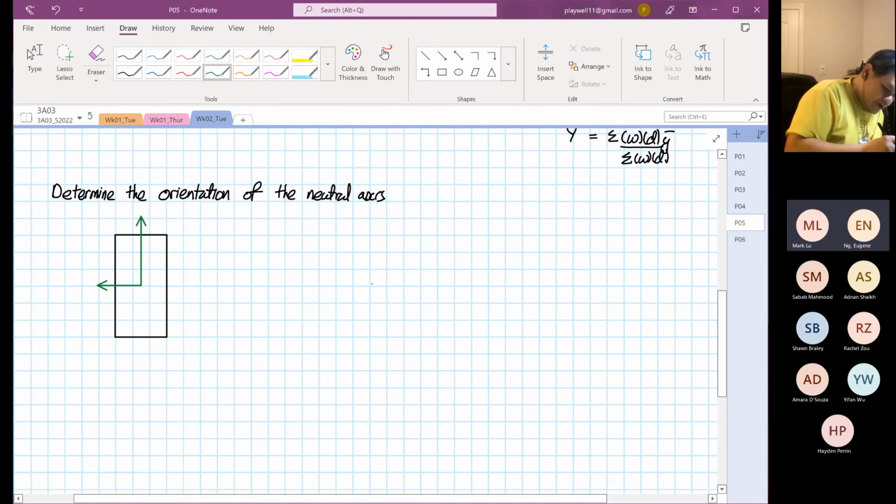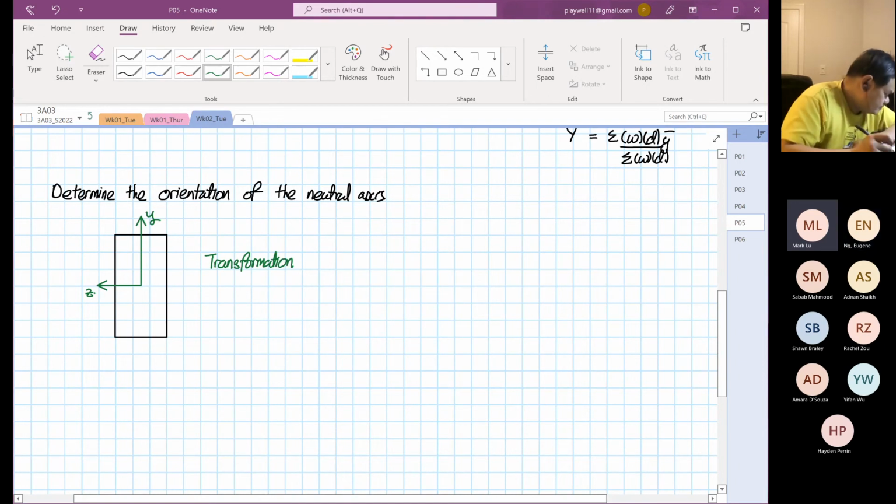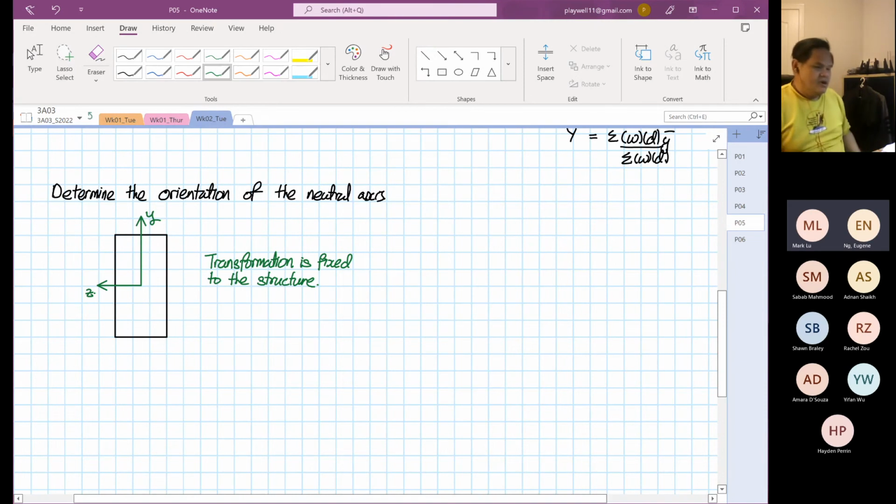This is our y and z. The first thing I want to highlight is that the transformation is fixed to the structure. I repeat again, the transformation is fixed to the structure.